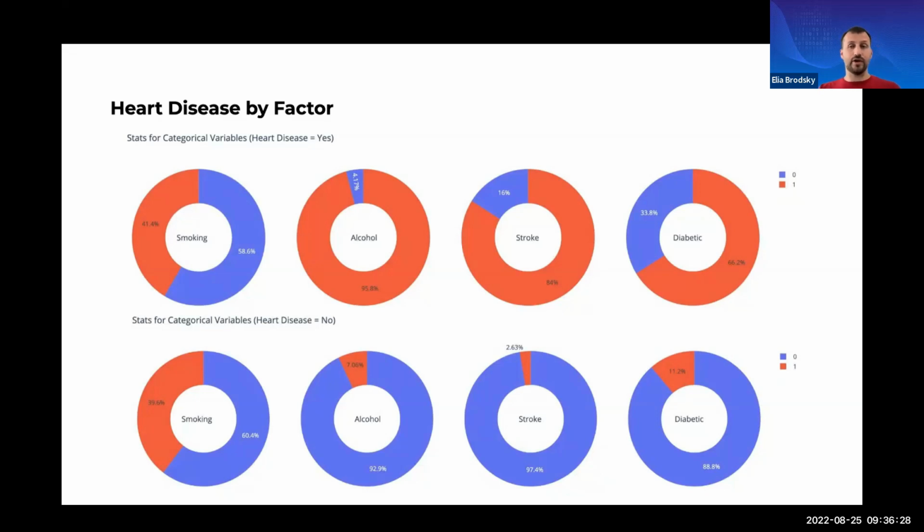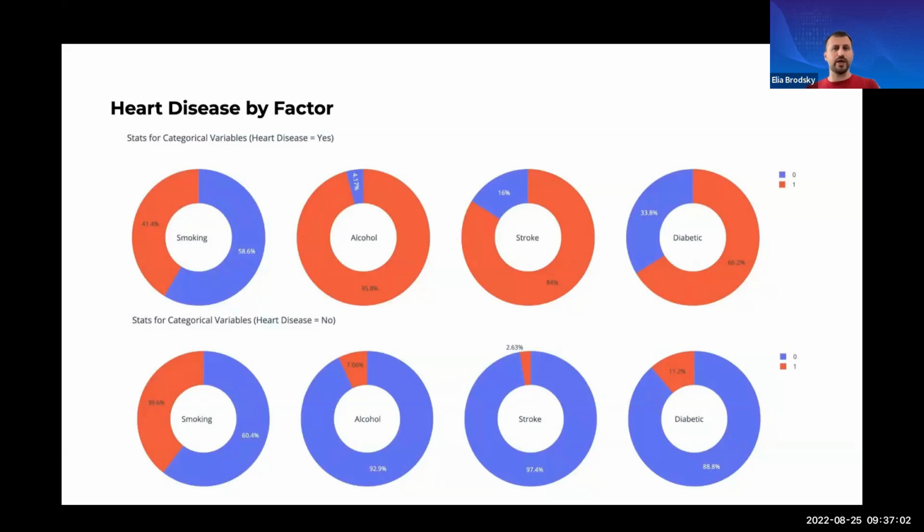So it turns out that 60% of the people that have heart disease are non-smokers, or 84% of the people that have heart disease also had a stroke, right? Or 66% of the people have heart disease and they are diabetic, right? And this is an interesting way to look at it, because you see that, for example, 16% did not have a stroke, right? Or 4.17% don't consume alcohol, right?